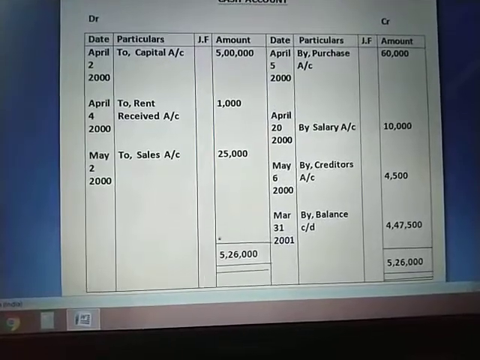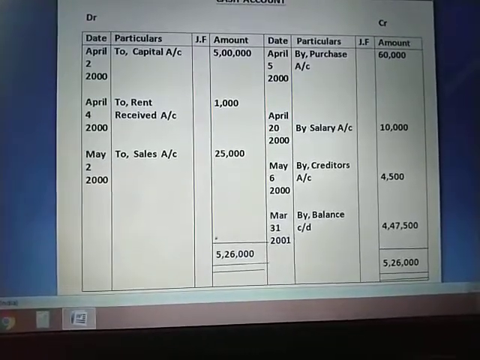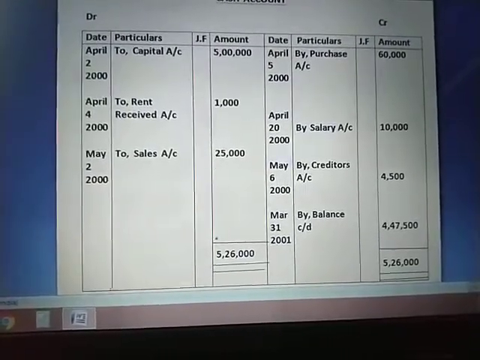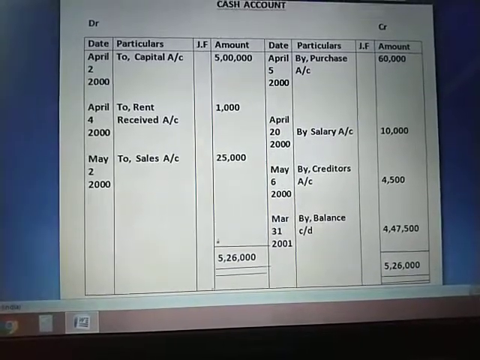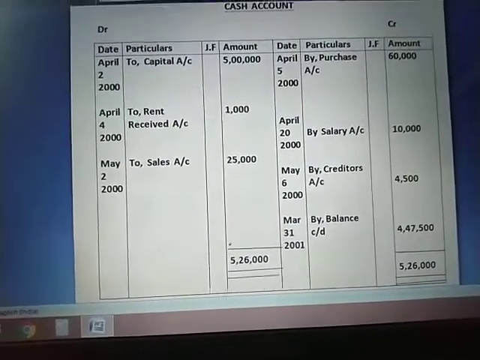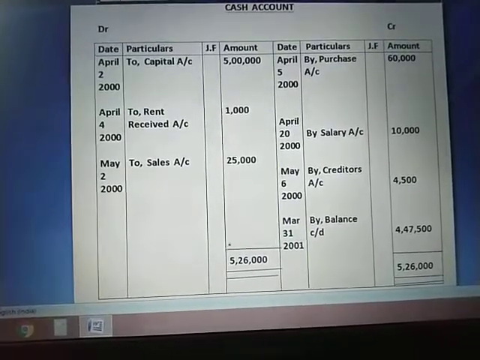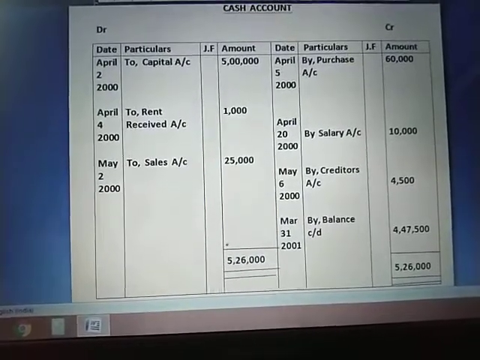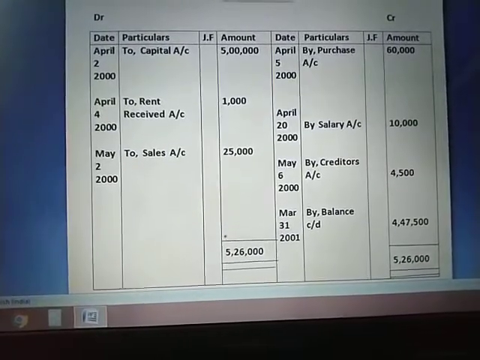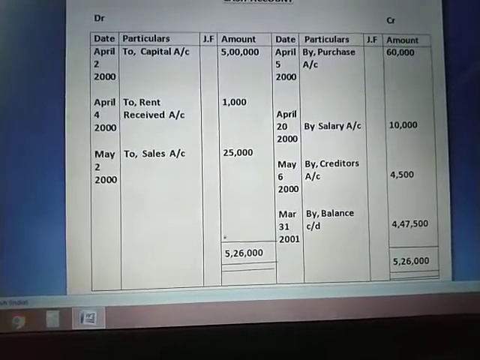Then May 6, by creditors we have paid 4,500, because cash we have paid is 4,500. And on the debit side we have some income also, so rent received 1,000 and sales we have made for cash 25,000.